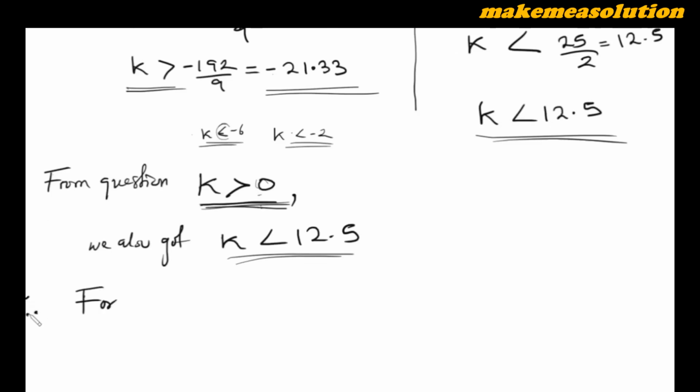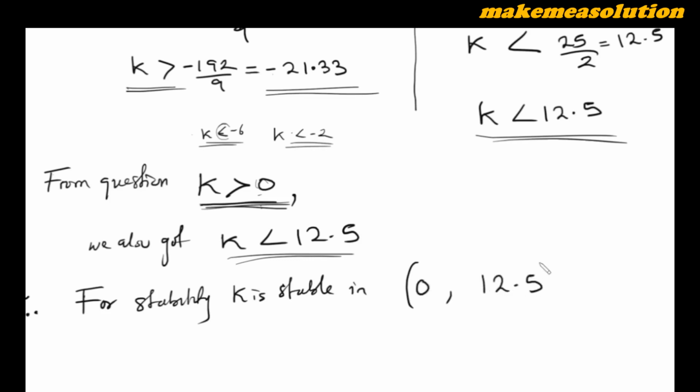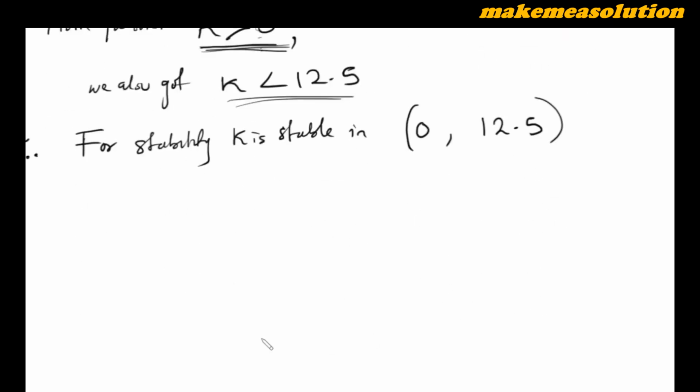Therefore, for stability, our range of values for k is in this interval, 0 to 12.5. Someone else might interpret this by saying k is such that 0 is less than k less than 12.5.